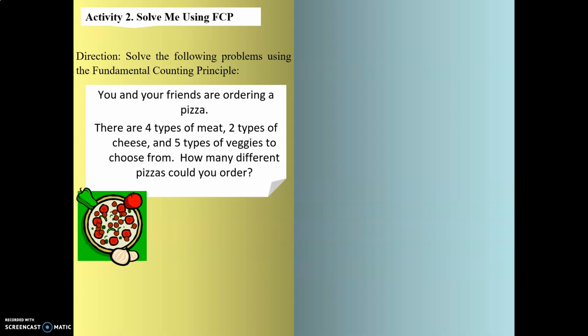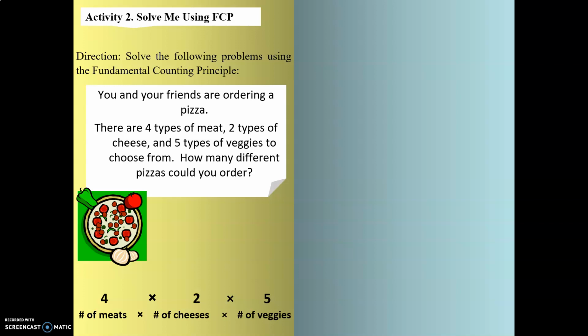So, reviewing what you learned from the basic counting principle, we simply have to write or list down all the possible choices for each stage of the event. So, there are 4 as the number of meats, 2 as the types of cheeses available, and 5 as the number of vegetables to choose from.